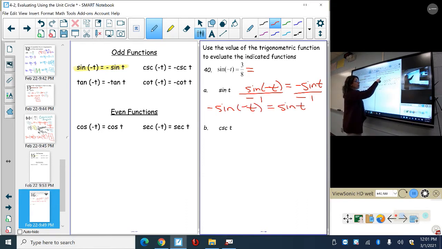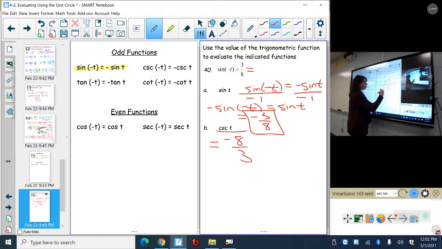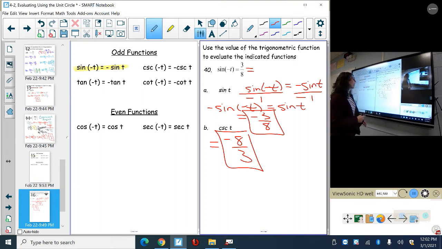Well, I already know sine at negative t is 3/8. So negative 3/8 is going to be the answer for sine of t. And the cosecant is the reciprocal of that, so that's going to make it negative 8/3, because cosecant and sine are reciprocals of one another. Okay?